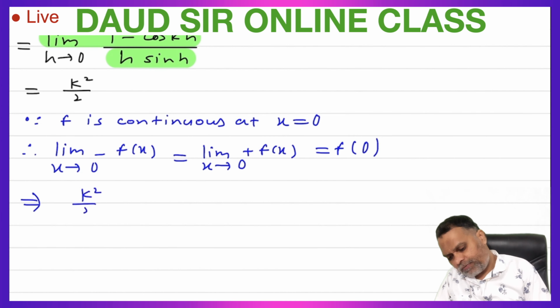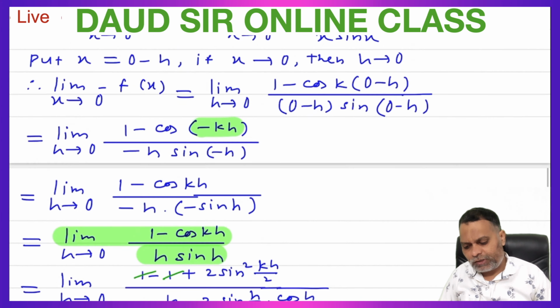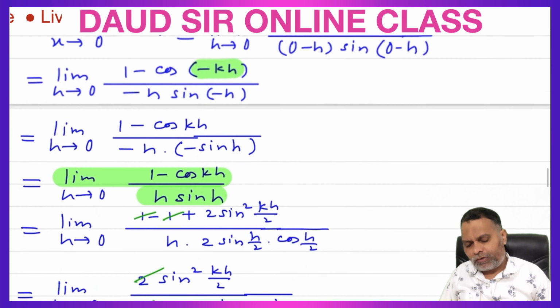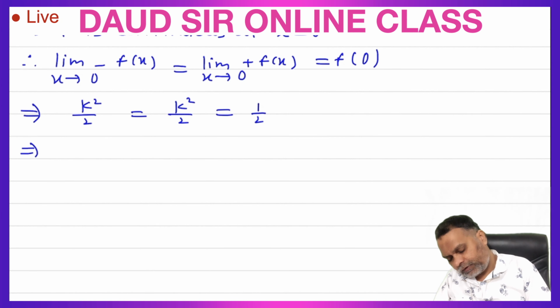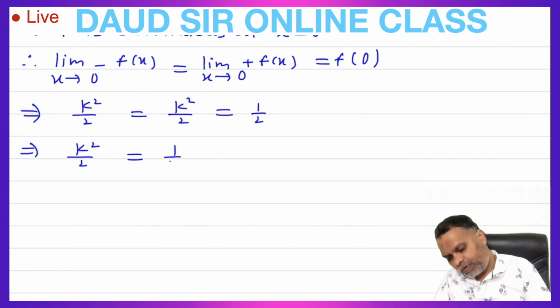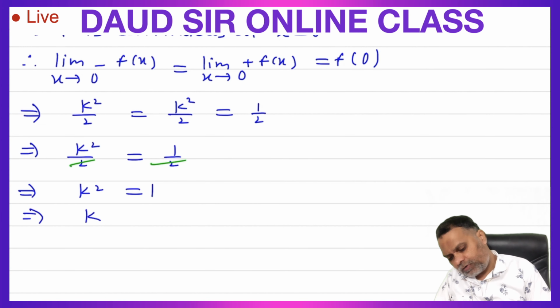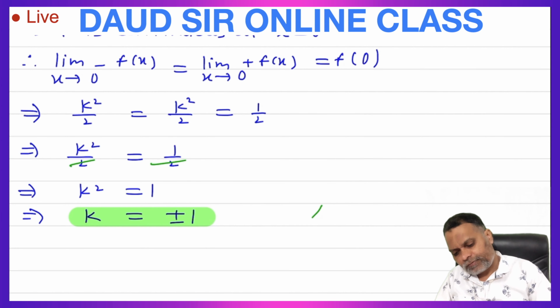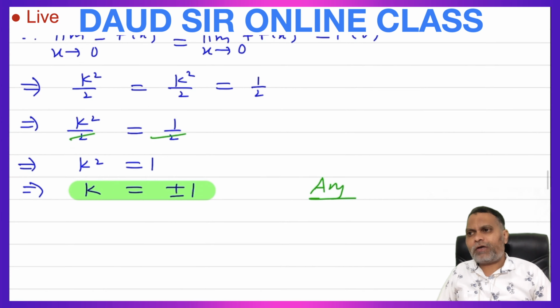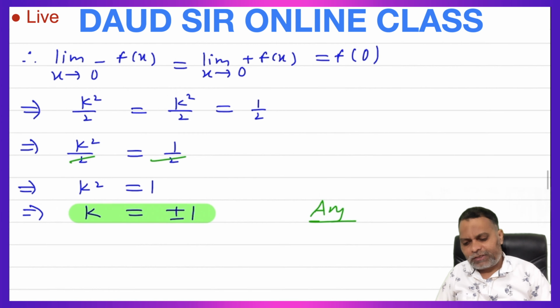Left hand limit k square upon 2, right hand limit k square upon 2, and the value of function at x is equal to 0, it was 1 upon 2. So k square upon 2 is equal to 1 upon 2. This 2 cancelled, which implies k square is equal to 1. So under root of this, k is equal to plus minus 1. So the required value of k is plus minus 1. For the value of k equal to plus minus 1, this function is continuous.